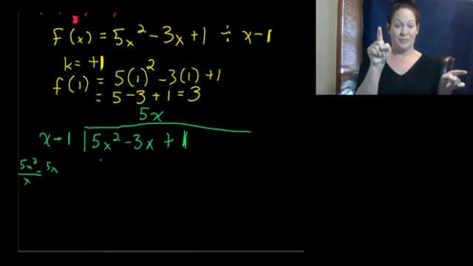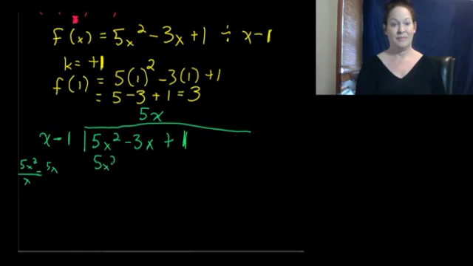So 5x gives me 5x squared minus 5x. I'm going to change my signs to subtract. So this becomes negative, that becomes positive. If I did my job right, these leading terms should cancel out. And this becomes 2x plus 1.